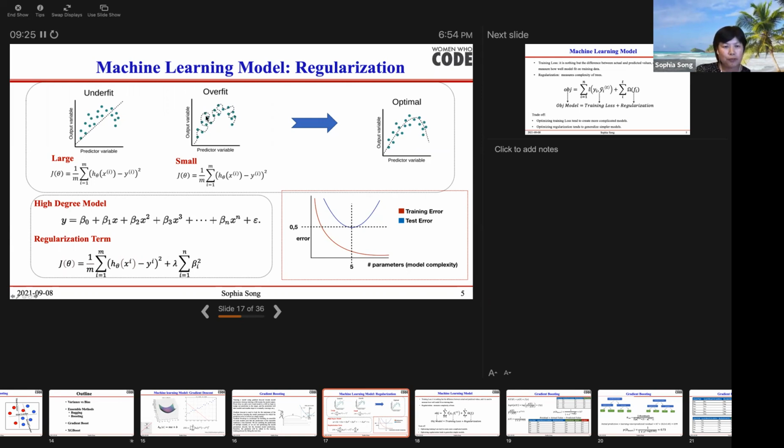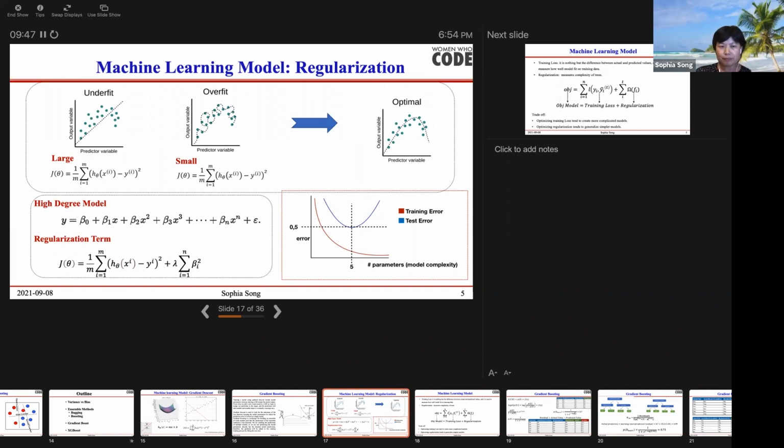So if you adjust your model to make it very complicated, your model easily overfits. What I mean by overfit is that the model is very good at predicting your training data, because in your training data you capture all the patterns.